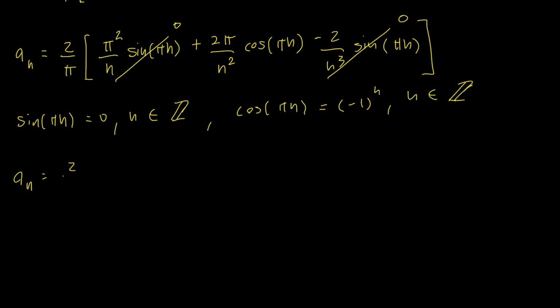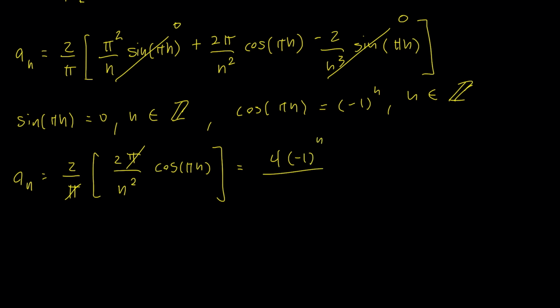So a_n equals 2 over pi times 2 pi over n squared cosine of pi n, and the pi's cancel. We have a 4. Cosine of pi n is negative 1 to the n over n squared. So we have a_n equals 4 times negative 1 to the n over n squared.